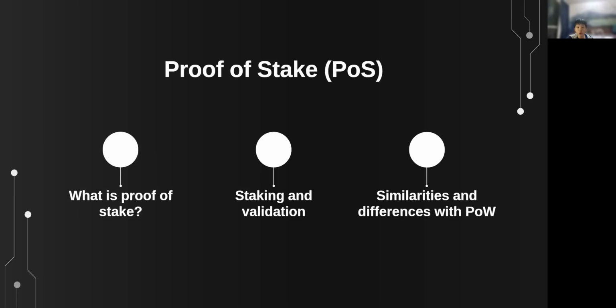However, on proof of stake, validators are randomly selected to confirm transactions and validate block information. So instead of using my computational power to power a hashing function, I'm able to leverage my money and therefore make transactions. The validator is actually able to validate or confirm, or not confirm, transactions.